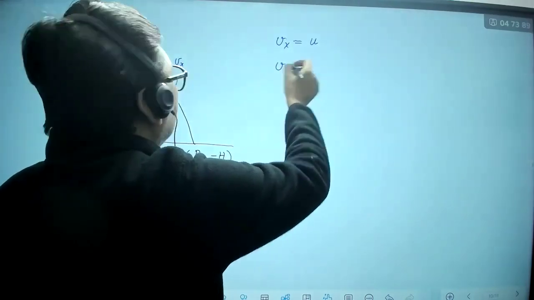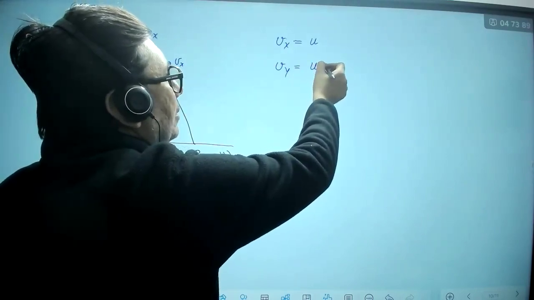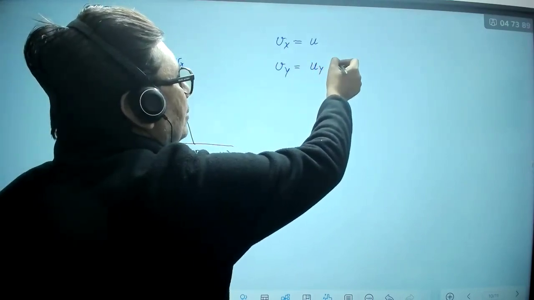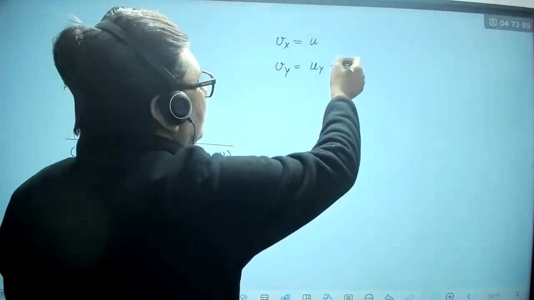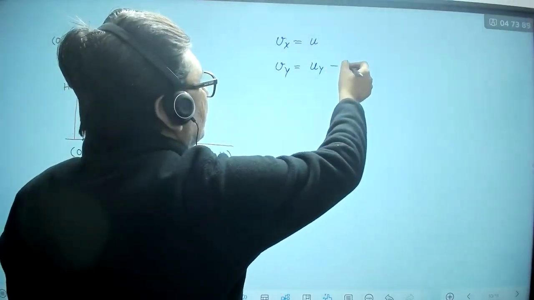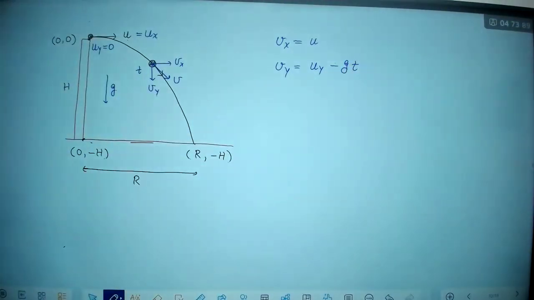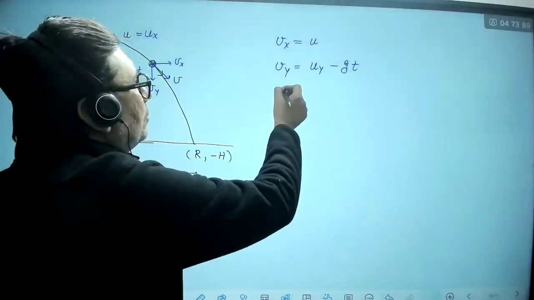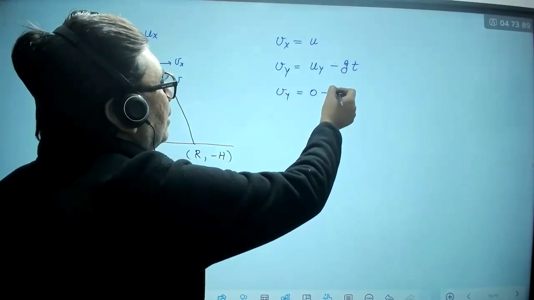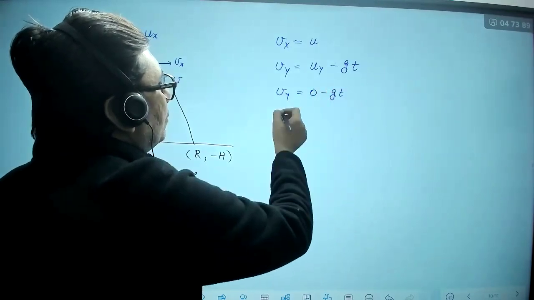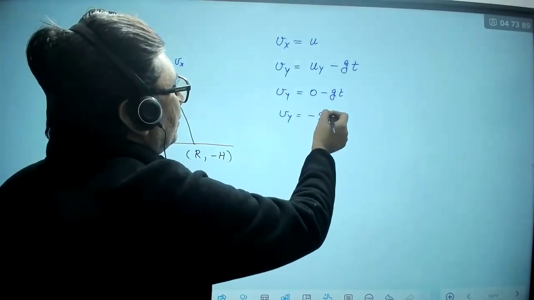So what will be vy? Vy will be equal to uy, and this will be minus gt. Since uy is 0, vy will be equal to minus gt.